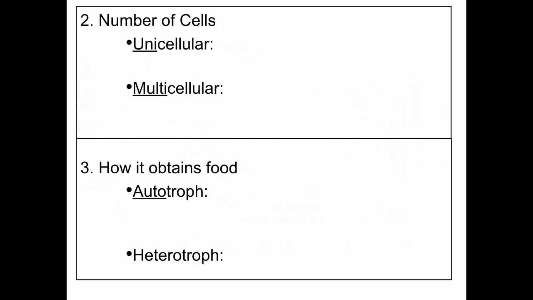Another factor we look at is how many cells make up that living organism. Some living things are what we call unicellular. Can anyone tell me what that would mean? Tatum? One cell. Yeah, they're one cell, like a unicycle has one wheel. Unicellular means they're organisms that are made of just one single cell.